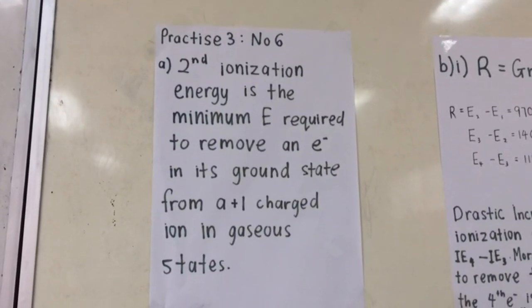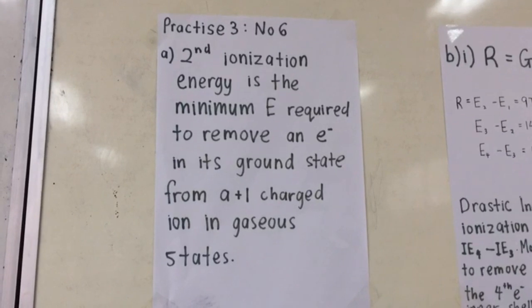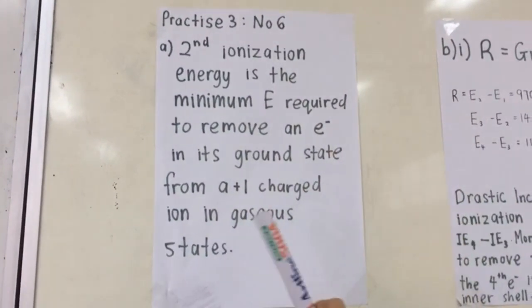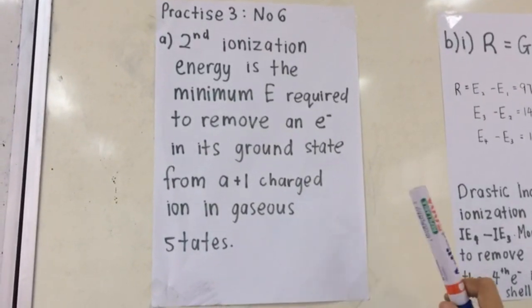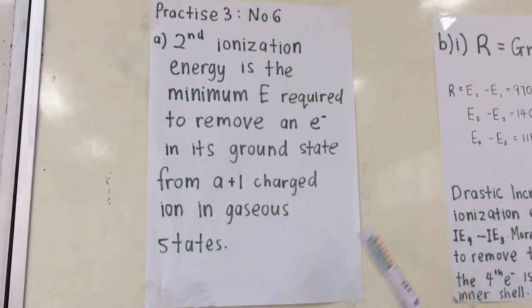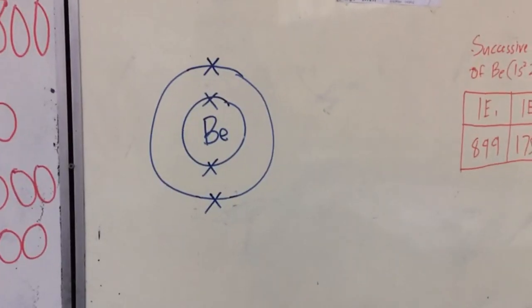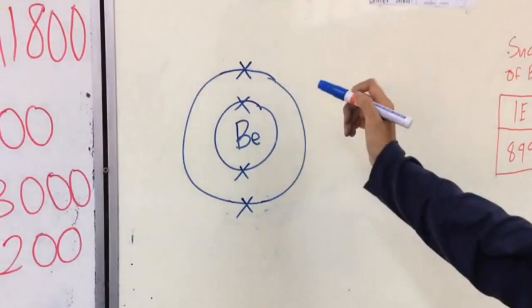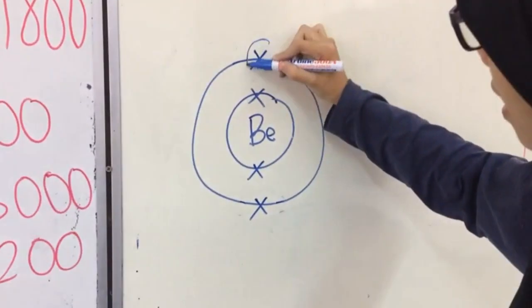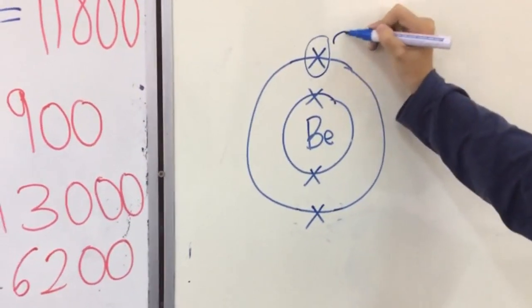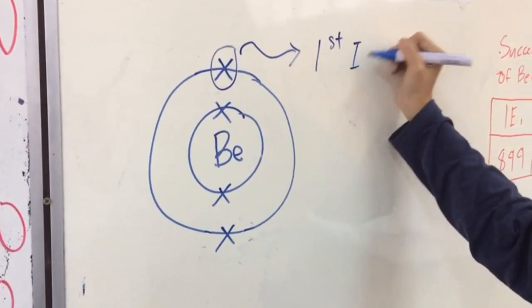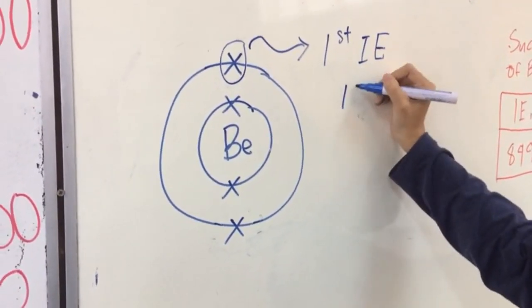The second ionization energy is the minimum energy required to remove an electron in its ground state from a 1+ charged ion in gaseous state. For example, we use beryllium. Beryllium has 4 electrons. When the first electron from the outer shell is removed, it is called the first ionization energy, which gives 1+.